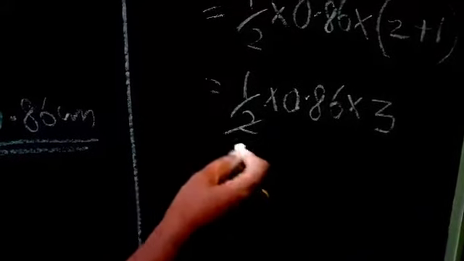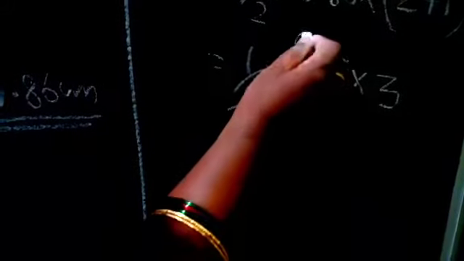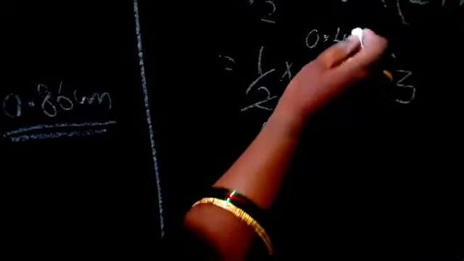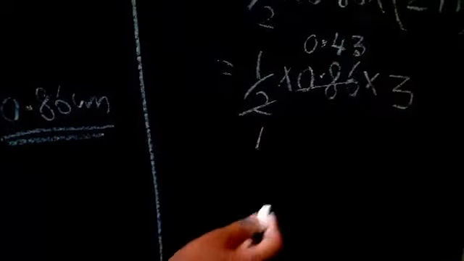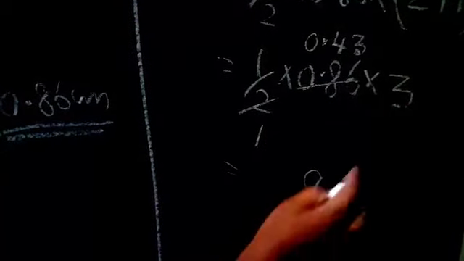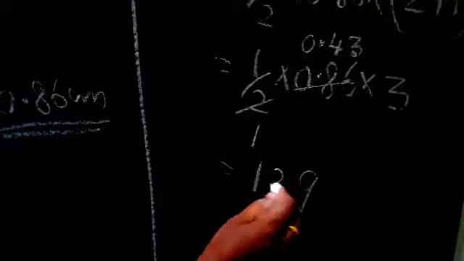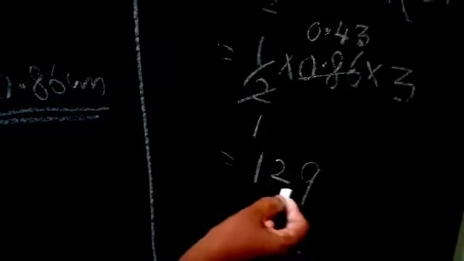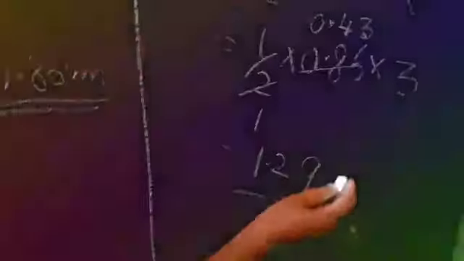So here 1 2s are 2. Here 0.4, 4 2s are 8. 3 2s are 6. Again we have to multiply this. 3 3s are 9. 3 4s are 12. So 2 digits before we have the point. Same like that, 2 digits before we have to keep the point.